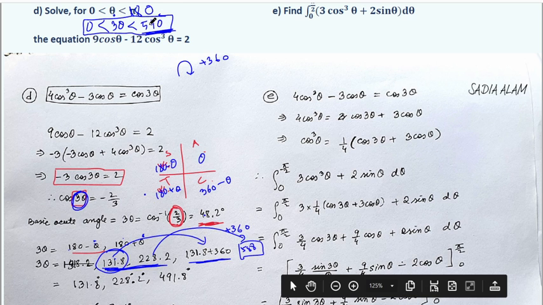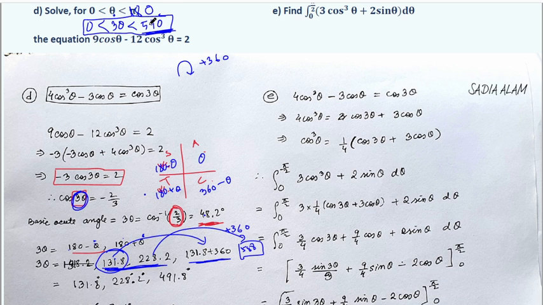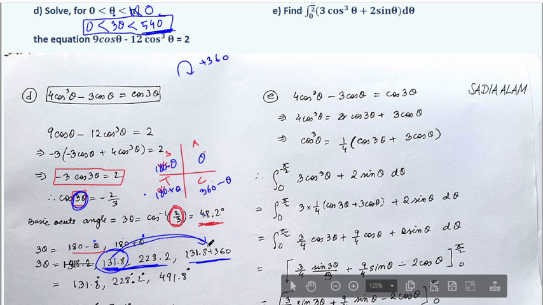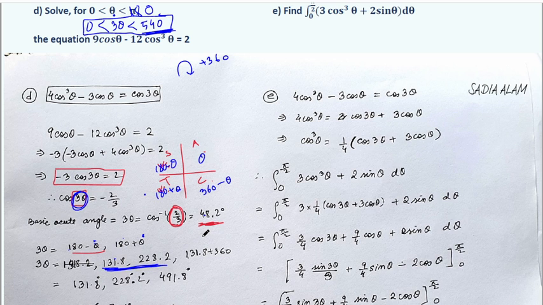The highest value has to be less than 540. So 588 is out of the range, and that's why I didn't even bother writing it. You can skip this one. So only the first value is rotated. You can rotate the second one, but that will be out of the range. Eventually you need to discard that one. Any value which is out of the range, you need to discard.